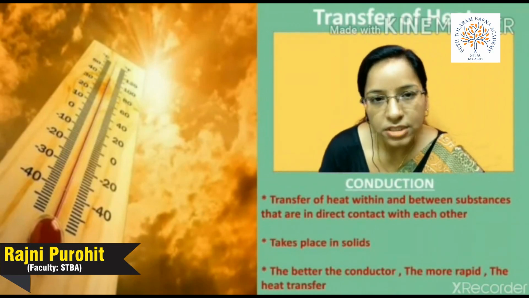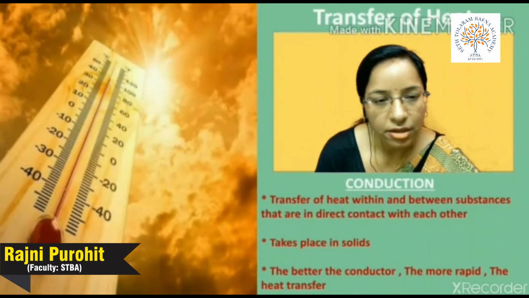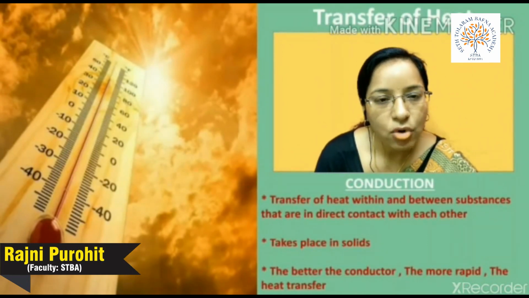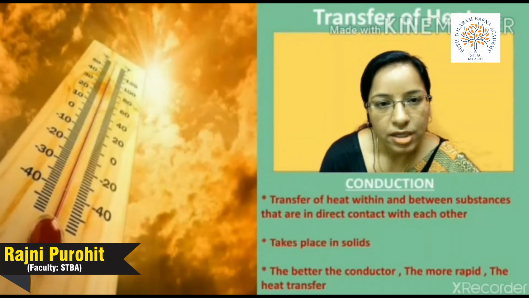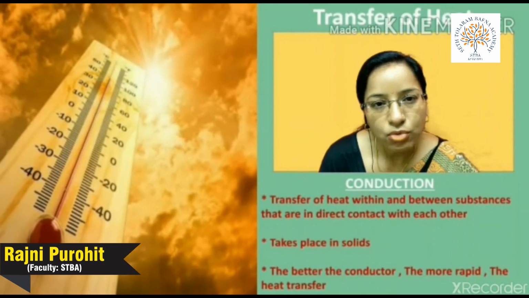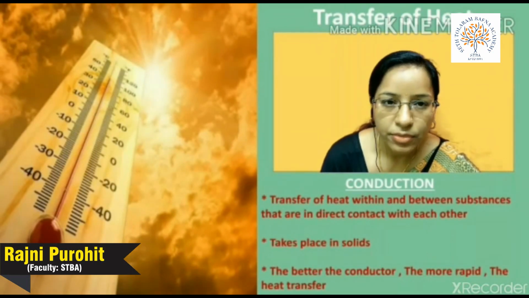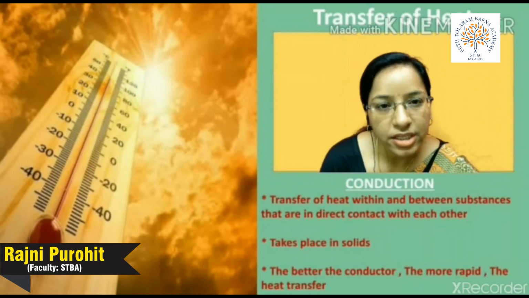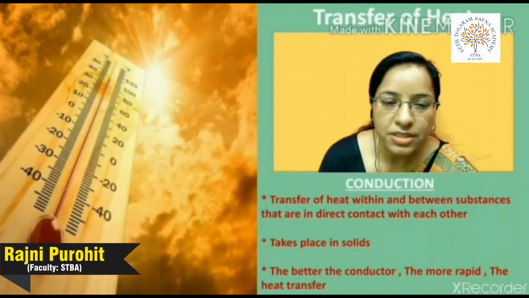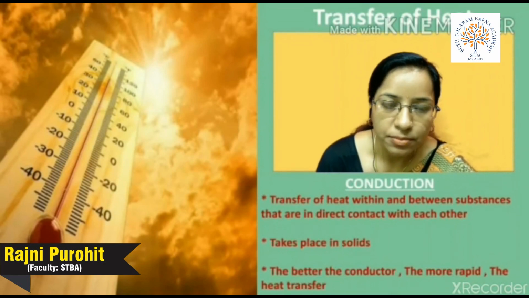One more activity to understand it clearly: take an iron or metallic strip and place it between two bricks, and then put fire on the other end. When the strip is getting heat from the fire, we put some wax pieces on this iron strip at an equal distance from each other.